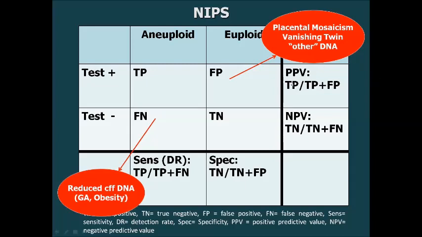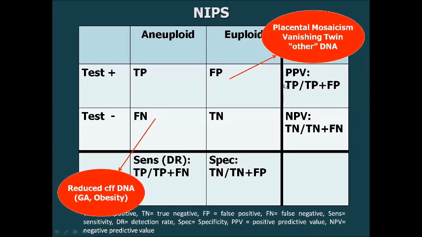Recall that positive predictive value is one of the screening test metrics that is influenced by population prevalence of a condition. By screening the high-risk patient groups that were depicted on the last slide, and now making an effort to apply non-invasive prenatal screening to average risk patients, there is some concern that positive predictive value will be reduced in doing so.